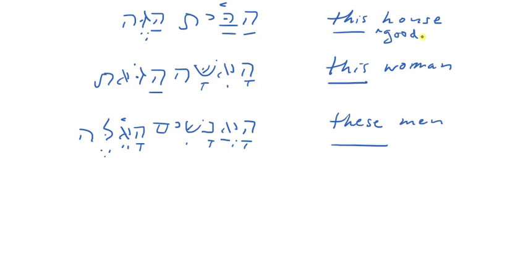It would be attributive. So where would my attributive adjective tov go in relation to habayit, before or after? It would have to go after. But the question is, would it go after the demonstrative as well, or would it go before the demonstrative? That's the question, right? And what's the answer here? What do you think?